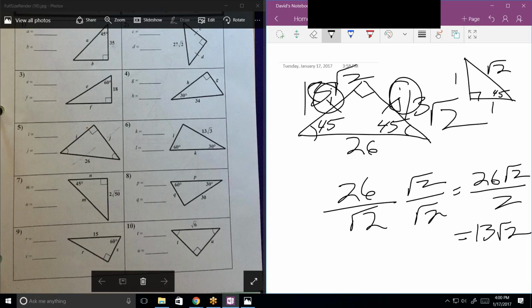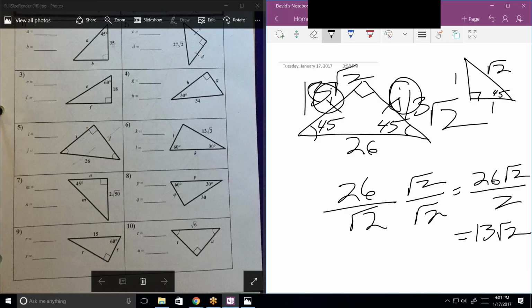I think you understand these pretty good. And you also seem to have a pretty good grasp on how to solve any right triangle, whether it's a 30-60-90 or a 45-45-90 or a 29-61-90.